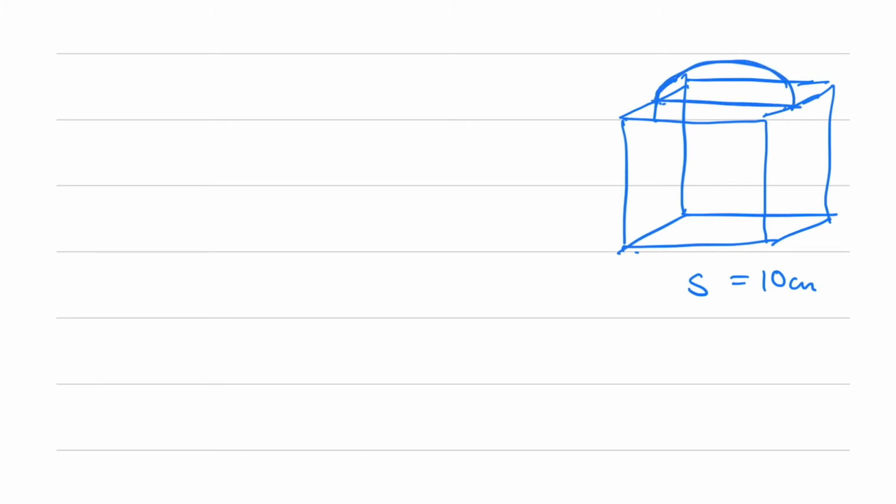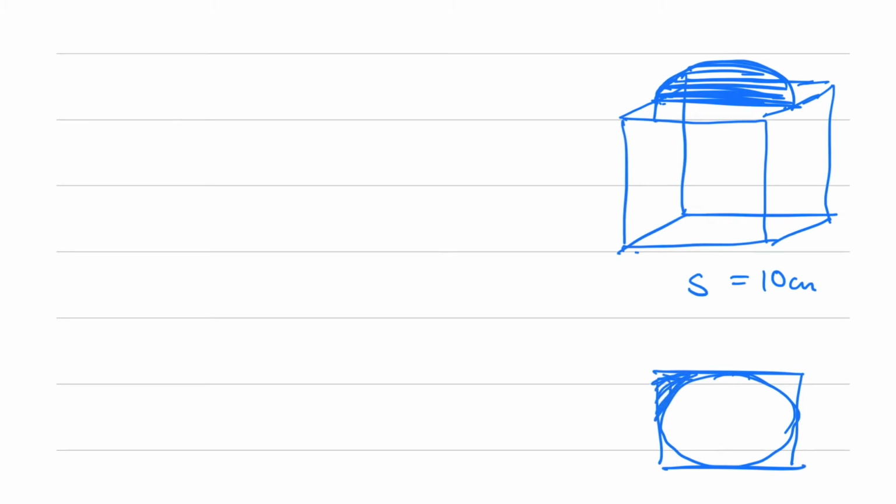In this question we are given a cubical block and the side is equal to 10 centimeter and it is surmounted by a hemisphere. On the top we will have this kind of surface.